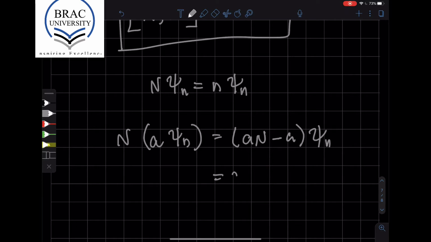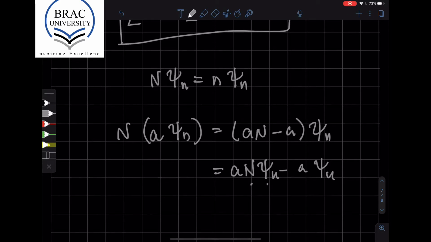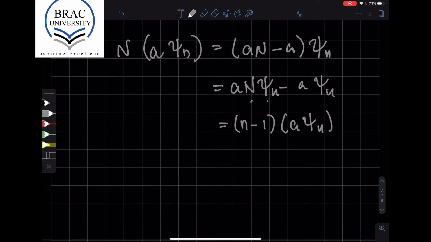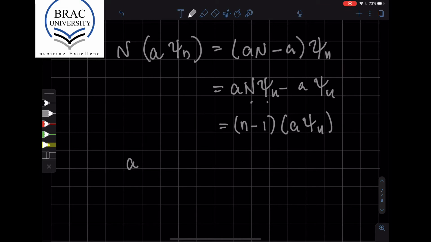But a times N acting on psi_n is a n psi_n, minus a psi_n, and N acting on psi_n will give me the eigenvalue small n. Therefore, we can factor that out, and we get n minus 1 times a psi_n. Thus, we see that the effect of applying a on psi_n is to make it into the state which has the eigenvalue n minus 1.